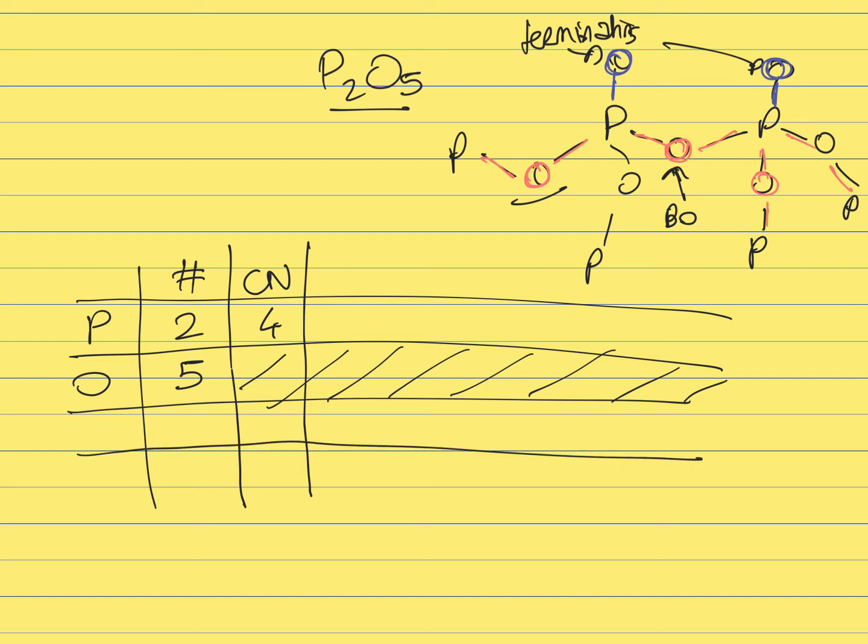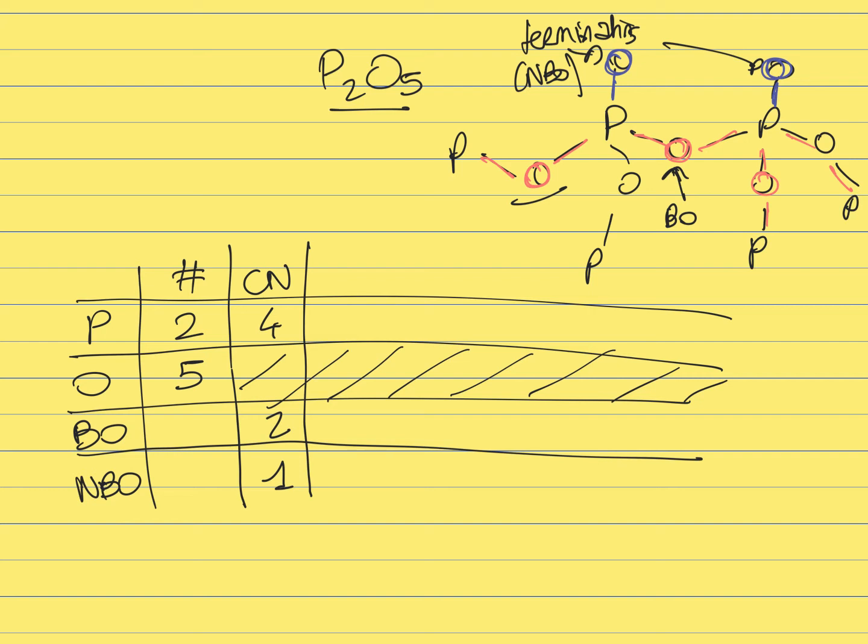So we are going to individually consider the bridging oxygen that are in red in this structure, and also the non-bridging oxygen, the oxygen that are terminating, the oxygen that are connected to only 1 phosphorus atom. So in this case, the bridging oxygen would have a coordination number of 2, while the non-bridging oxygen will have a coordination number of 1.